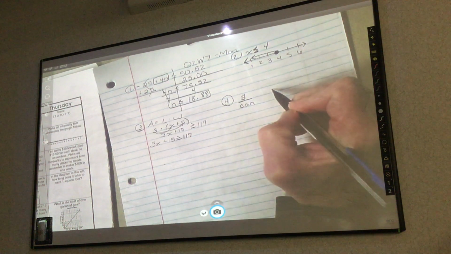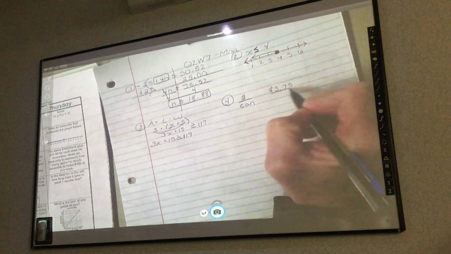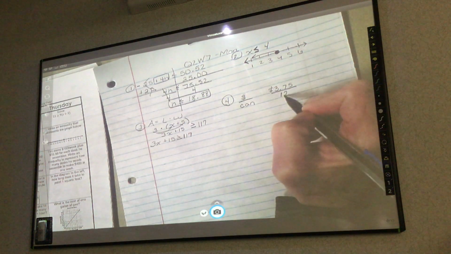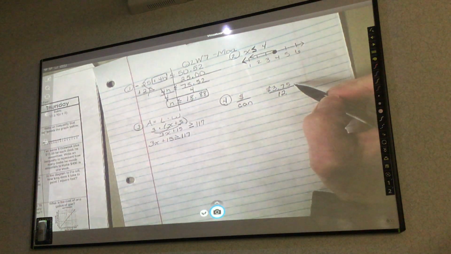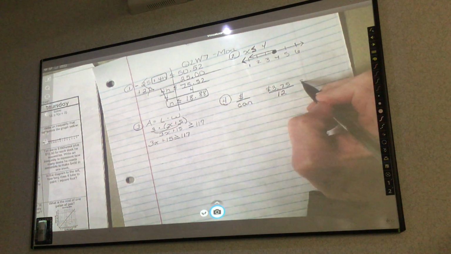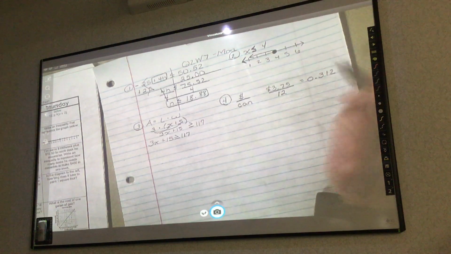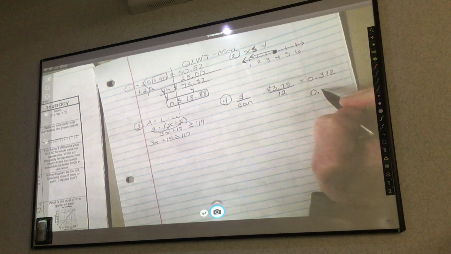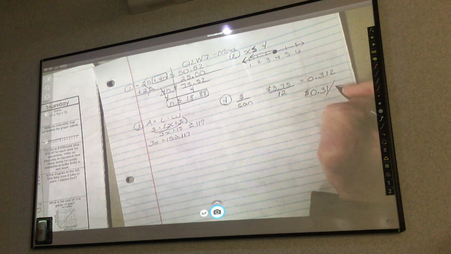Then I fill it in: $3.75 for 12 cans. So then I do my math, $3.75 divided by 12, 0.312, which then should be rounded to 31 cents per soda.